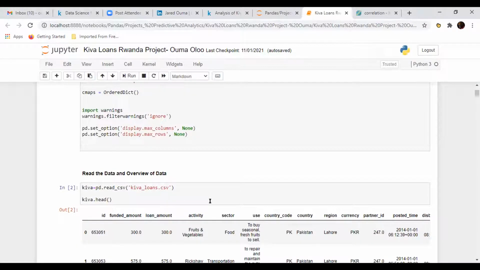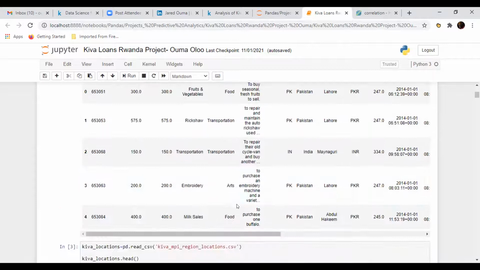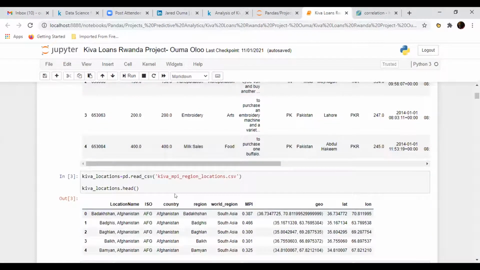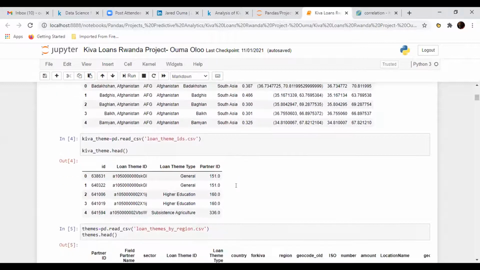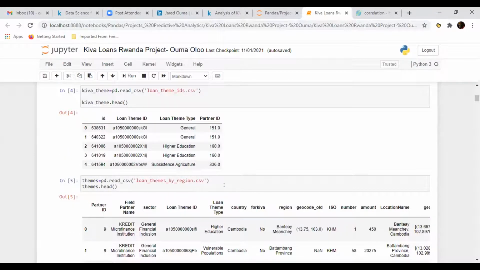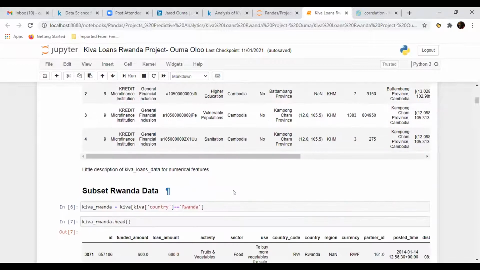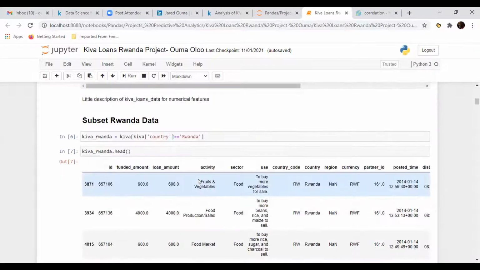So I did that, uploaded everything, then uploaded also the regions, locations, the themes, long themes by region. Then I went straight to see some description about the Kiva data for the numerical features that were present. Then I went to subset the Rwanda data.